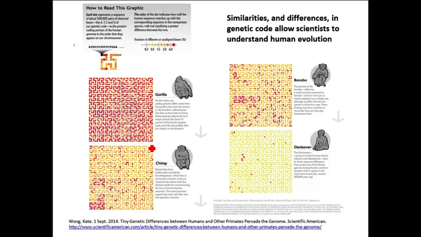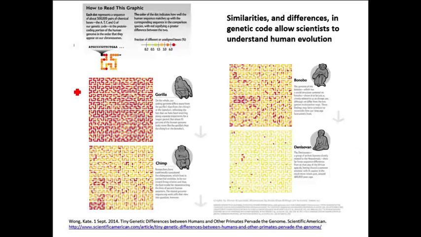These graphics are comparing DNA sequence overlap, or conservation of sequences, between humans and gorillas, humans and chimpanzees, humans and bonobos. Bonobos are another kind of primate, very similar to chimpanzees. And humans and Denisovians, which are an ancient lineage of hominids, early humans.